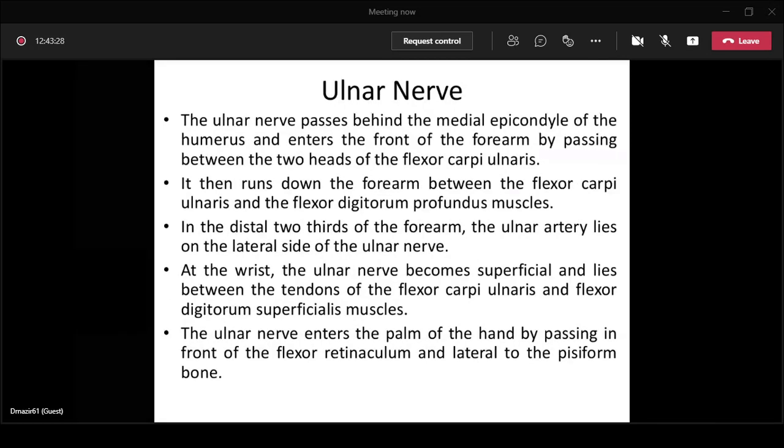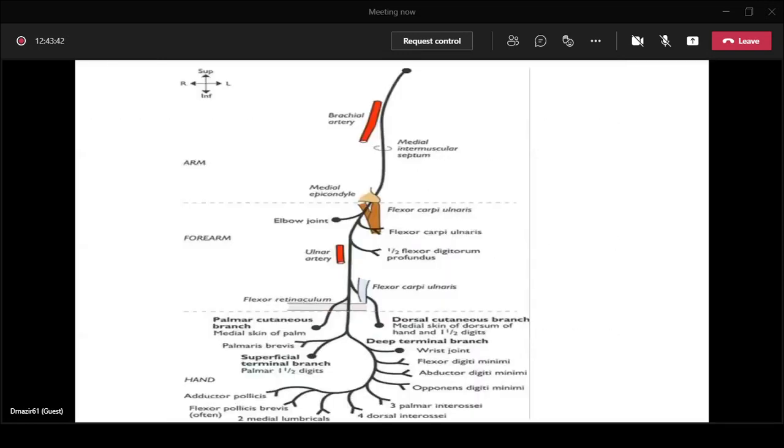The ulnar nerve, as we are aware, is the main continuation of the medial cord of the brachial plexus. It travels along with the brachial artery and reaches the level of the elbow joint, where it passes behind the medial epicondyle between the two heads of the flexor carpi ulnaris.